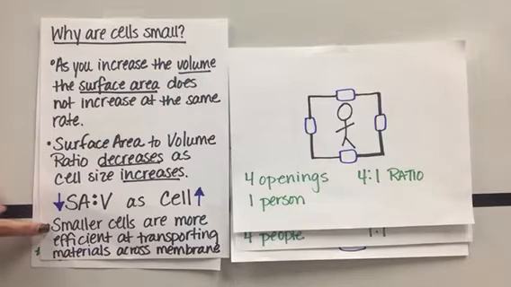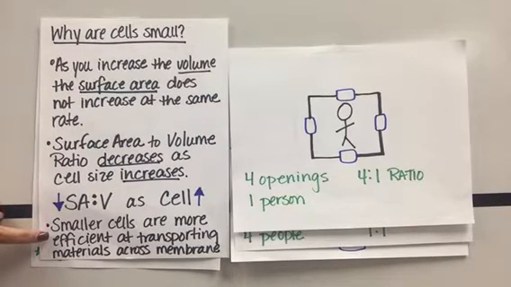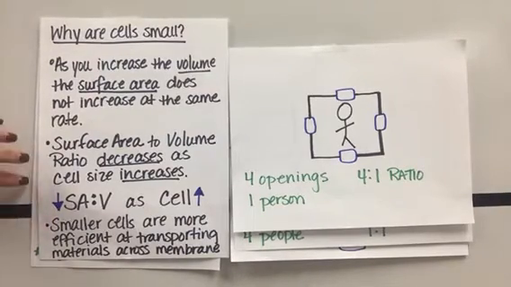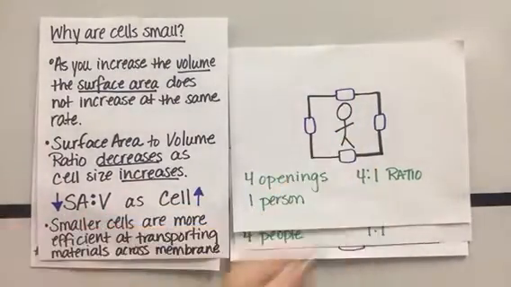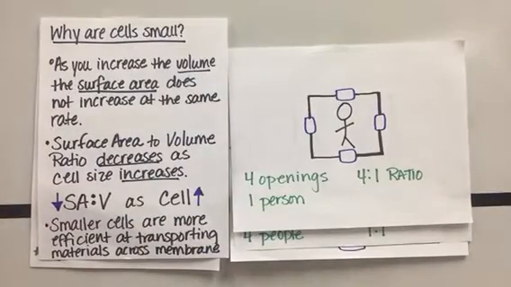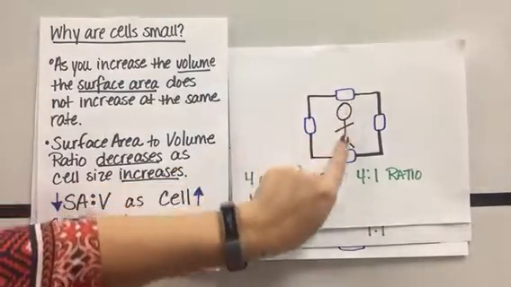The smaller a cell is, the more efficient it is at transporting materials across the membrane. So smaller cells are more efficient at transporting materials across the membrane. So let's look at this example. Let's say that these are trash cans, and here you have one person. In this cube, the person represents the volume.